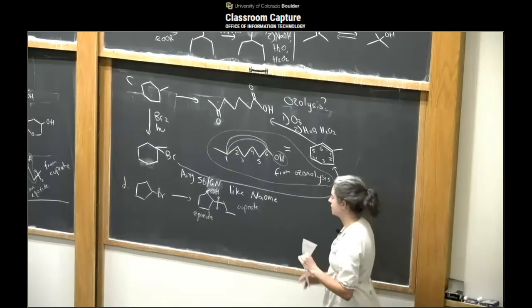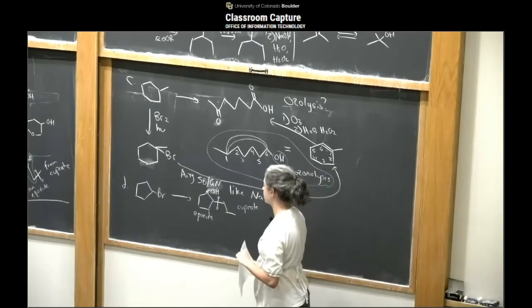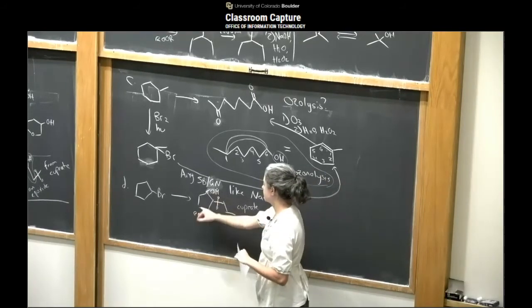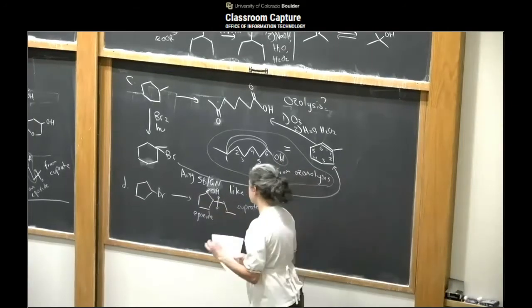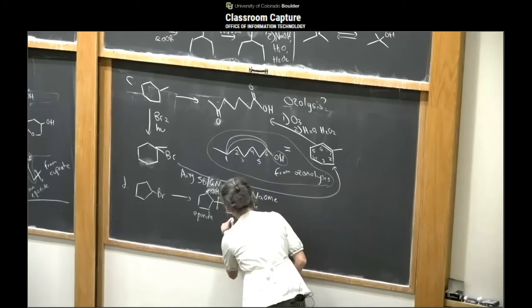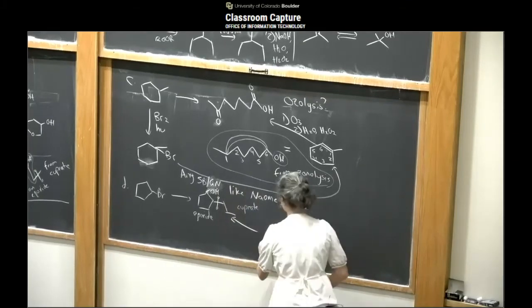Okay, so now we just got to get it set up for that to work. So this looks like the immediate after effect of cuprate plus epoxide. It's got the OH still on there. So maybe I'm going to go out this way.